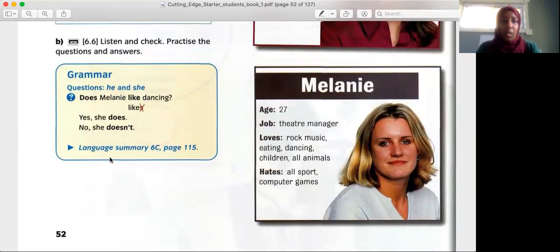He, she with does, with questions. Does Melanie like? So when you add the does, you take out the S in the verbs, right? This would just need practice, and not just on paper. I would say they need to have some kind of conversation.